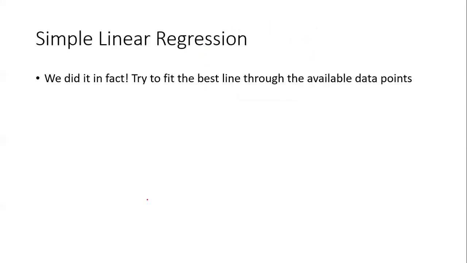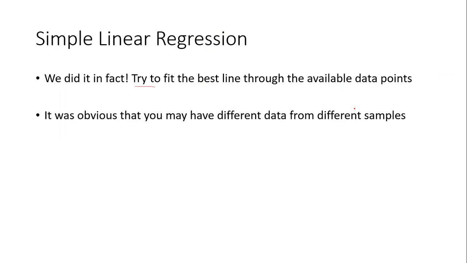So how to estimate them? Well, in fact, we did, right? We just tried to fit the best line through the available data points, okay? Remember, in the previous slide, in 5.1, we were talking about several points there, and finding the best line that passes through these points.